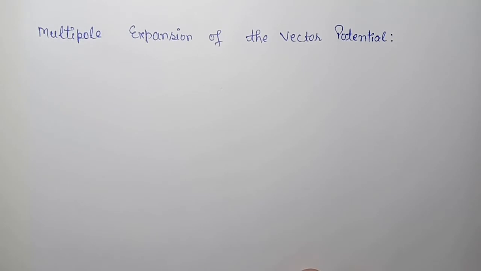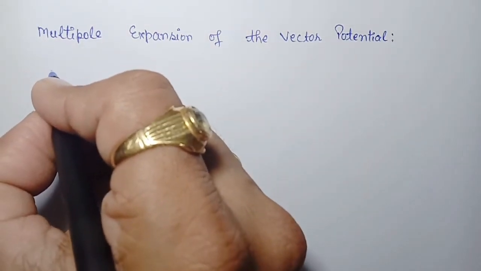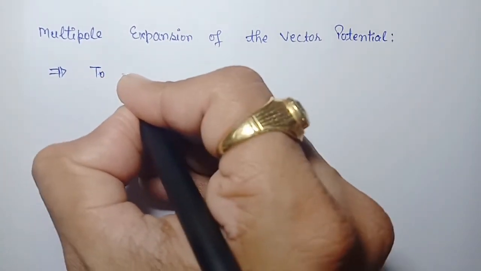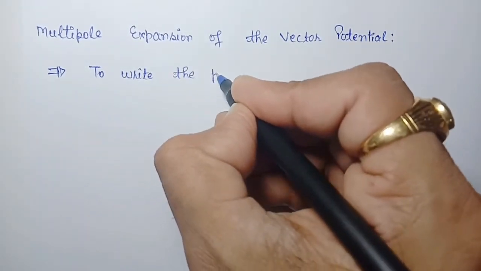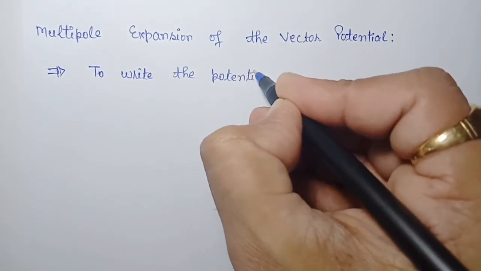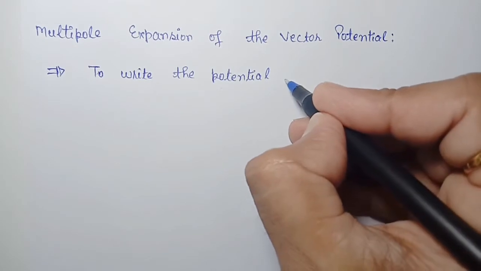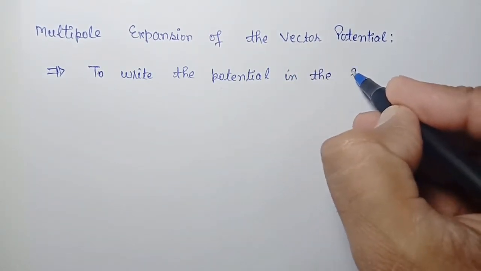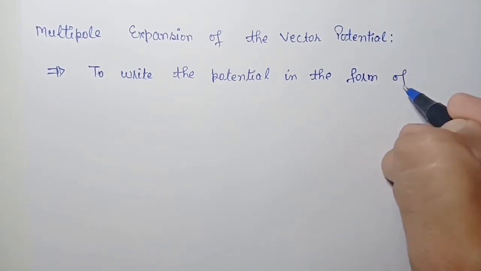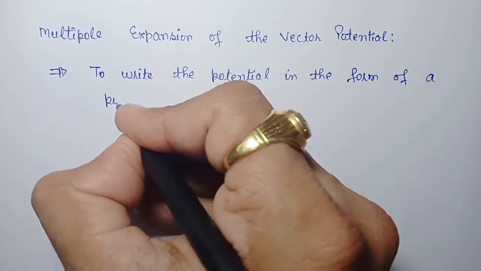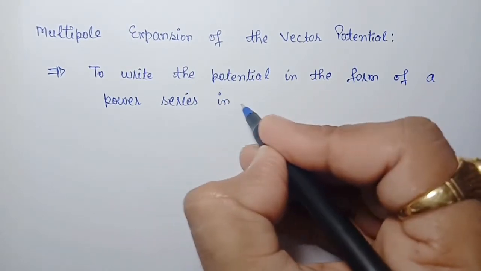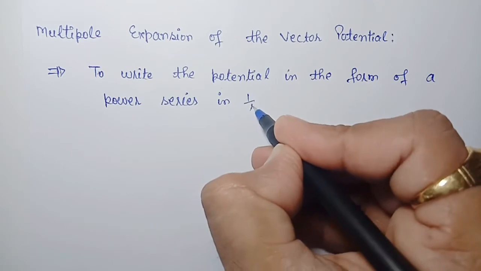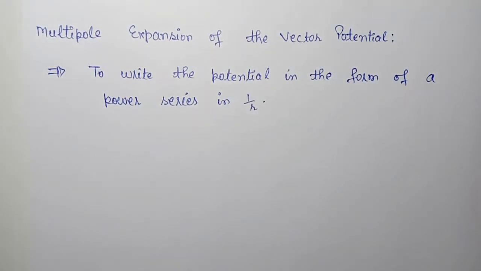So here in this case we are interested to write the potential in the form of a power series in 1 by R. So here I will repeat the same.